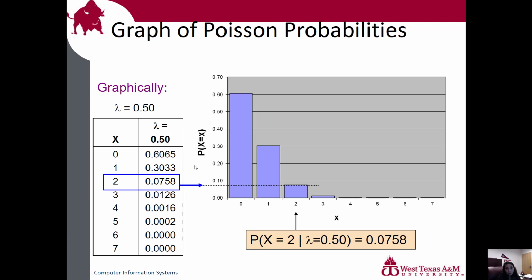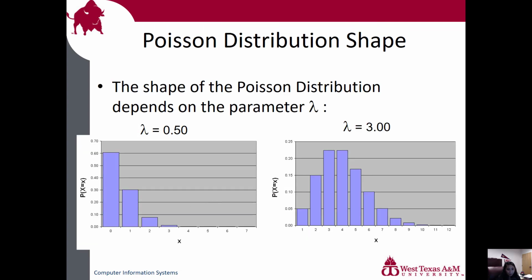And this is just a graphical representation of the Poisson probabilities for this lambda here. It is important to note that the lambda does affect the shape of that distribution.